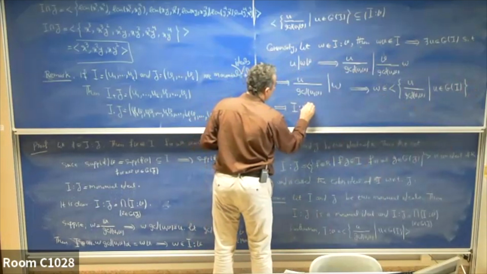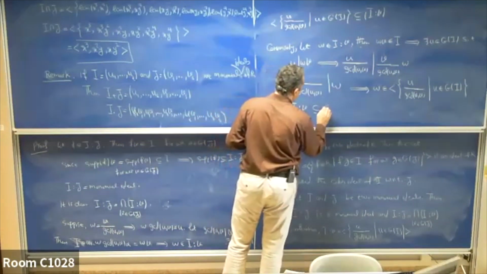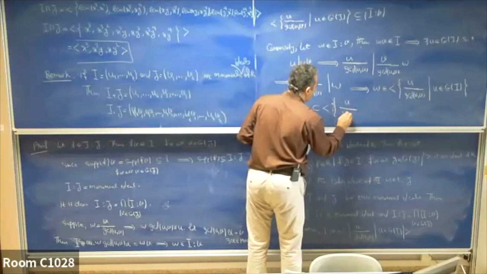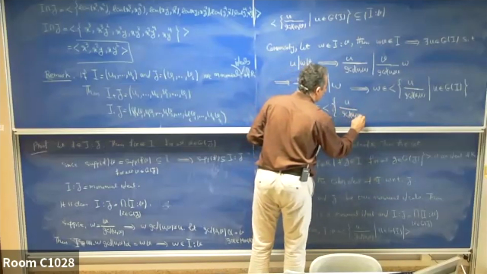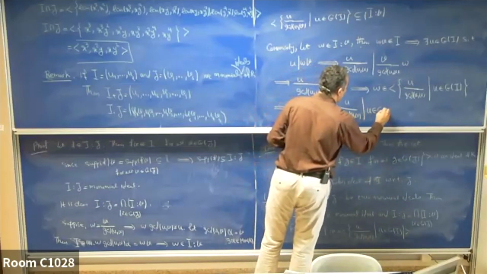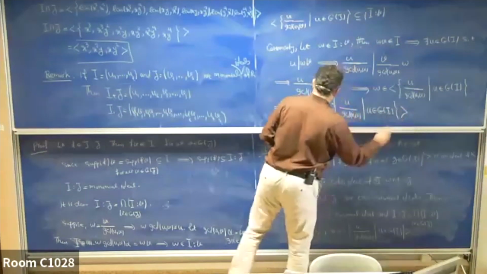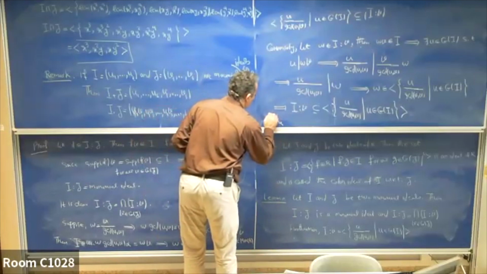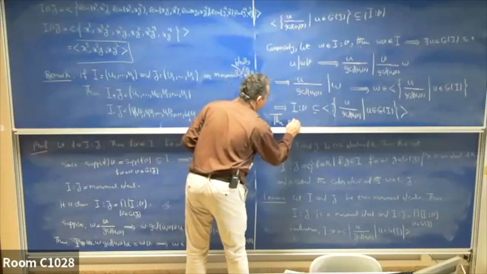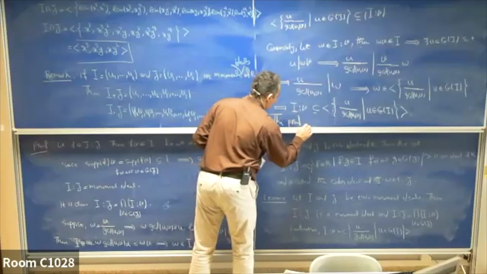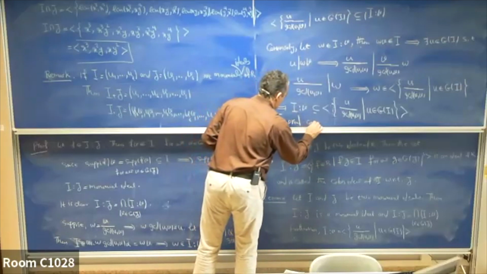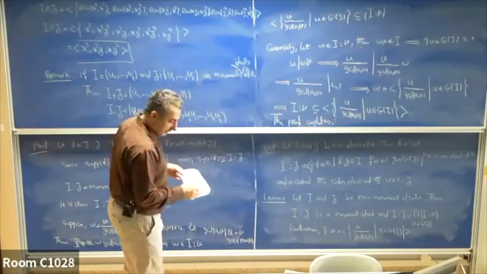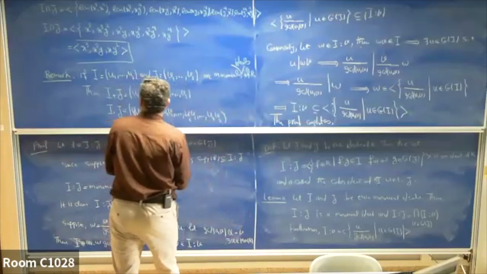So we have this set, and so the result is true. The result is proved. The proof is complete. So examples. Let's see one example.